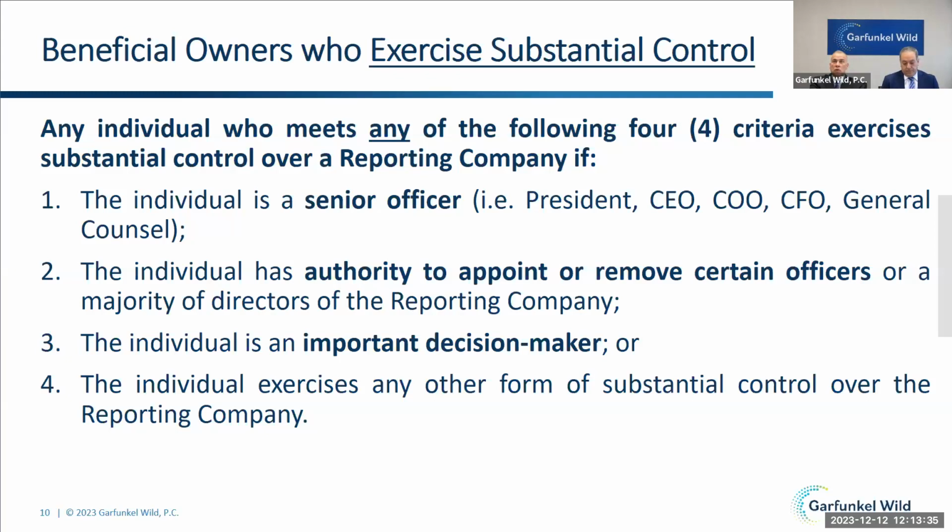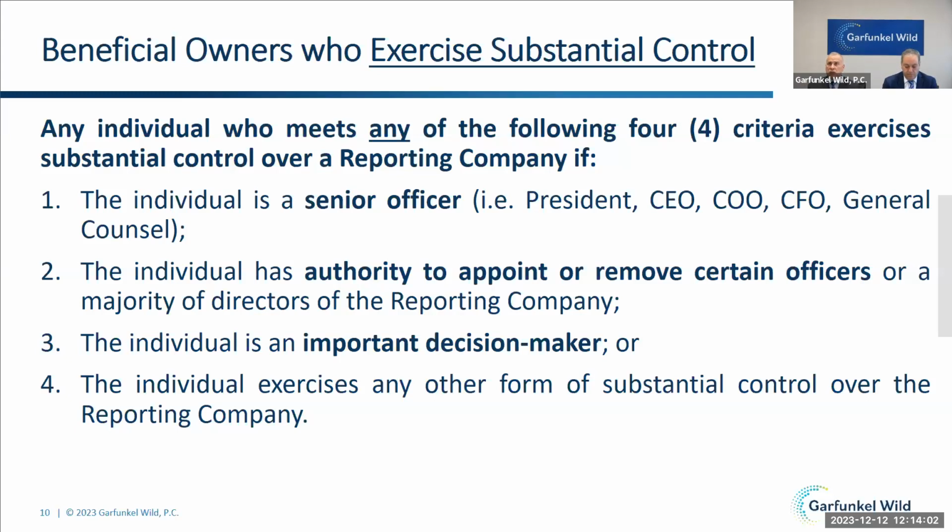So beneficial owners who exercise substantial control: any individual who meets any of the four criteria exercises substantial control over a reporting company. If the individual is a senior officer, for instance, president, CEO, chief operating officer, CFO, general counsel, the chief information officer, the chief development officer can definitely fall within this category too.